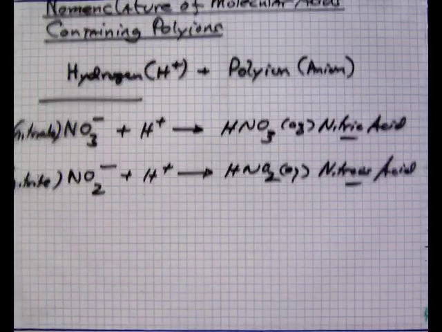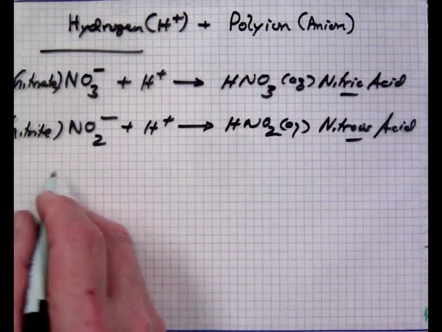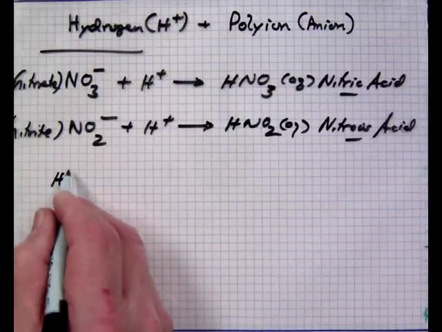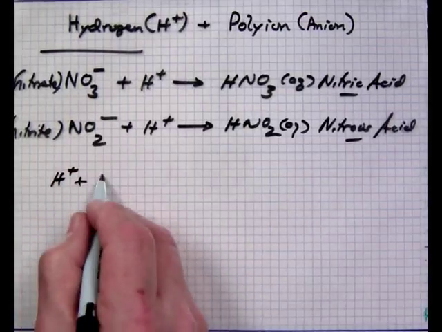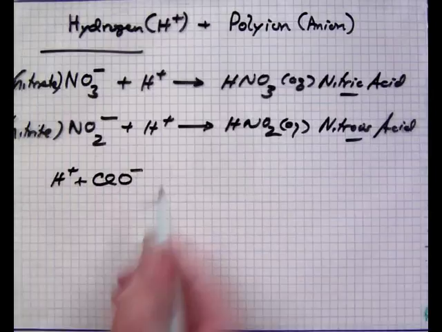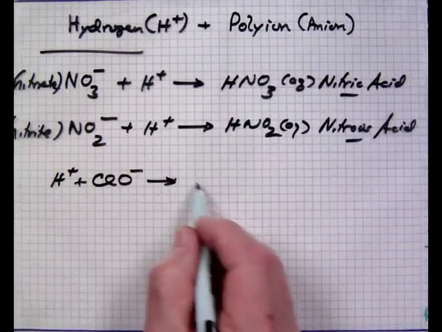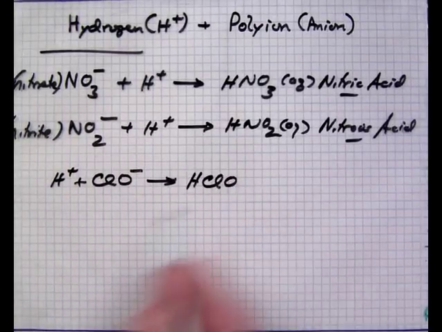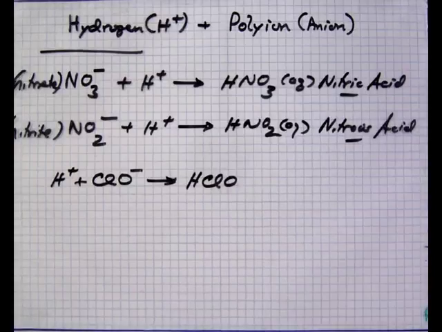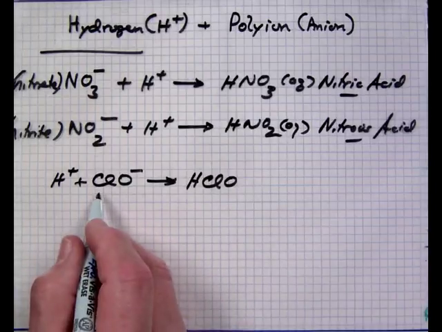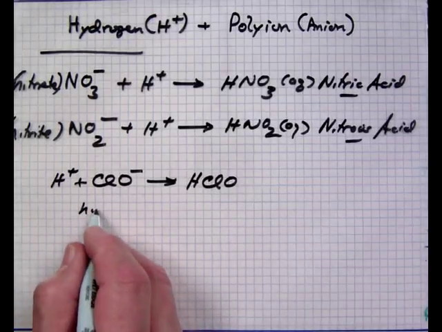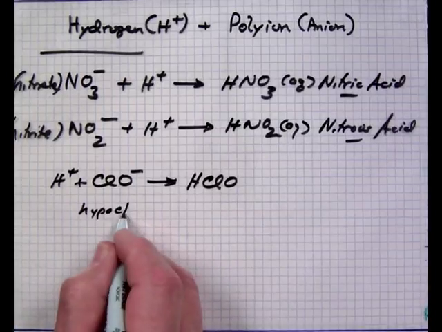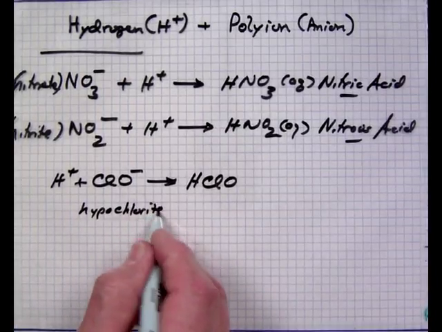Okay. So going back to the hydrogen, we're always going to put plus ClO minus. Okay, goes to HClO. That of course is an acid. It takes one hydrogen plus one to neutralize an anion, ClO minus 1. Now, what's the name of it? Well, this is the hypochlorite ion.